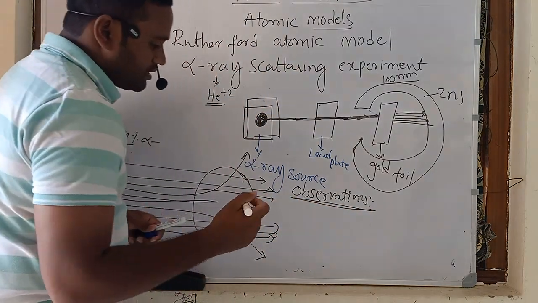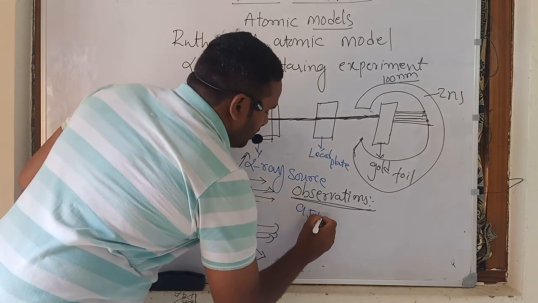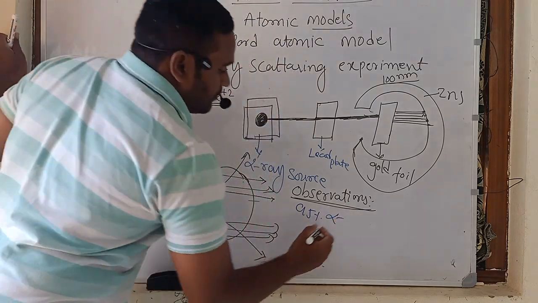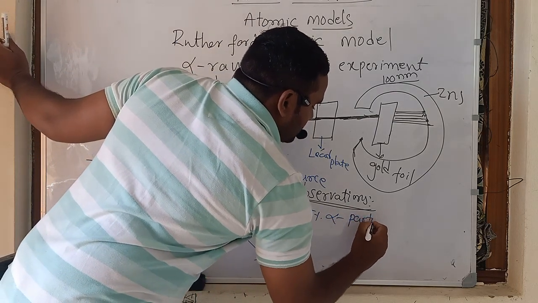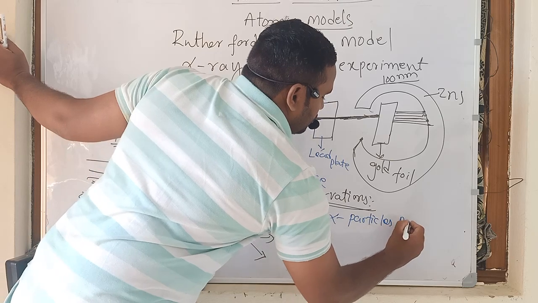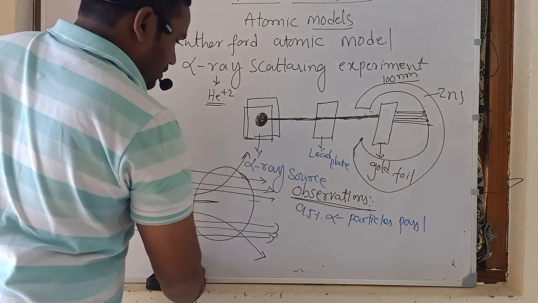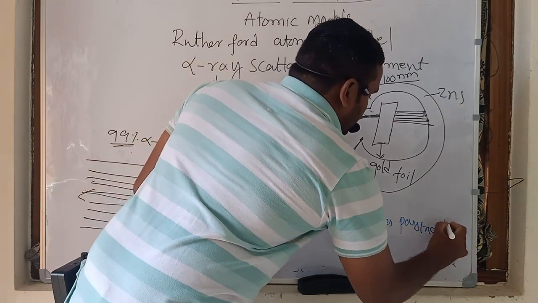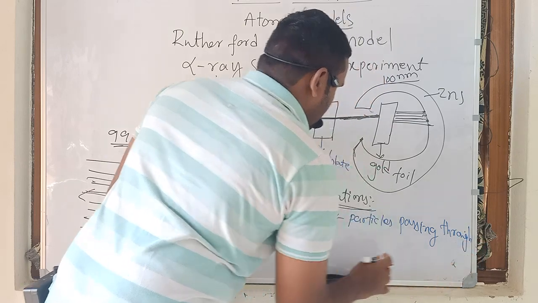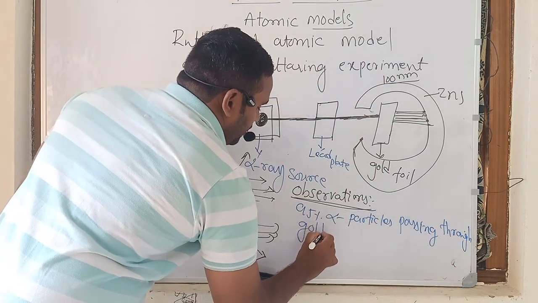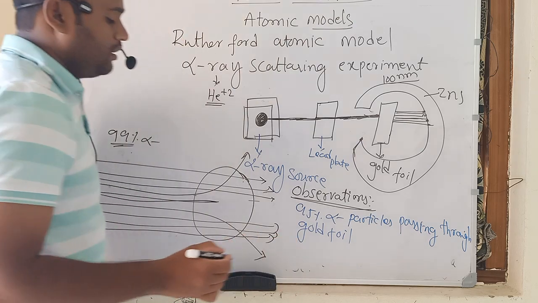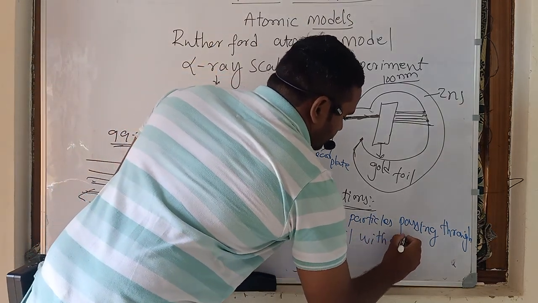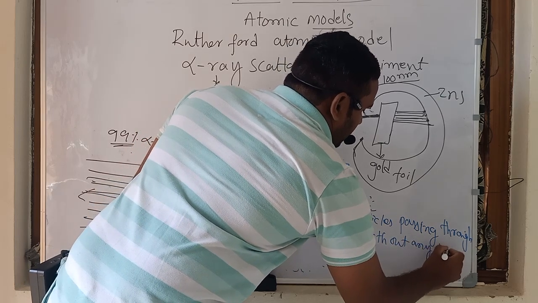First, 95% of alpha particles pass through the gold foil without any deflection.